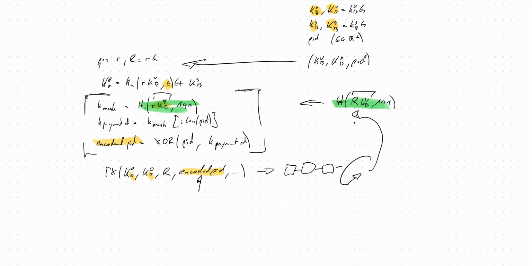So what I want to tell you is that at this part, this is the same, and here Bob simply XORs the encoded PID together with his calculated payment ID key, and he gets the payment ID, which is equal to the payment ID she sent, and that's basically it.